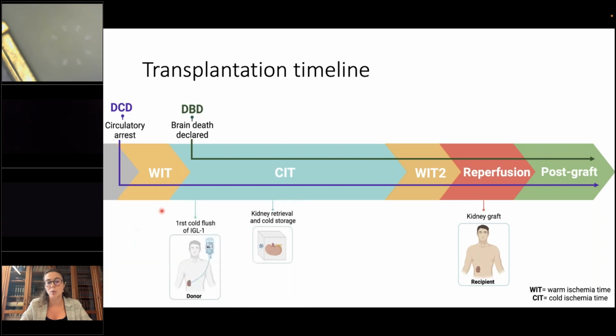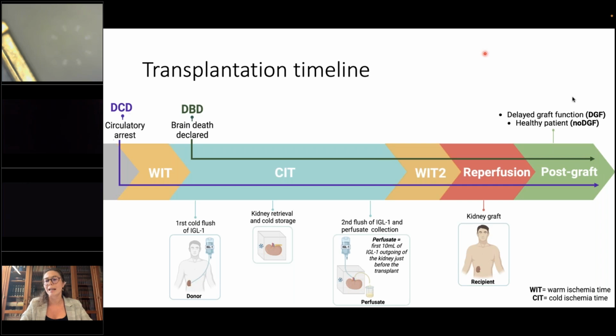In the brain death donor, the blood flow never stops between the death event and the start of the cold ischemic period, compared to the circulatory death donor, in which between the circulatory arrest and the start of the cold ischemia time there is a gap named warm ischemia time, which is directly correlated with the possibility of the patient developing delayed graft function in the post-transplantation period.